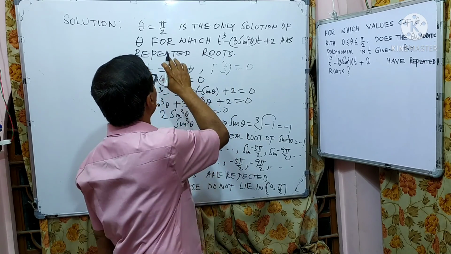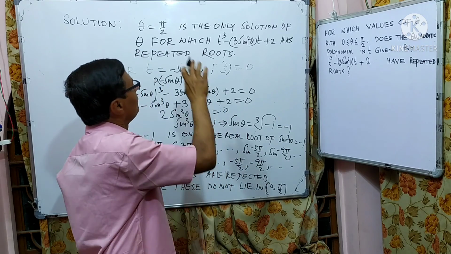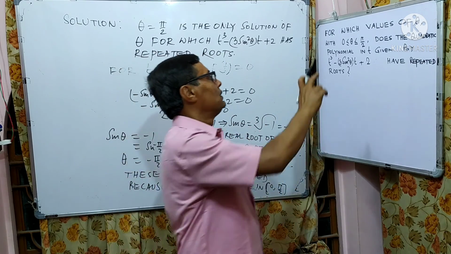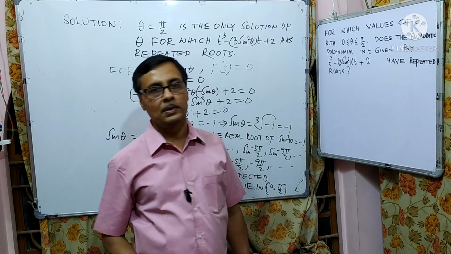So only theta equal to pi by 2 is the only solution of theta for which this polynomial has repeated roots.